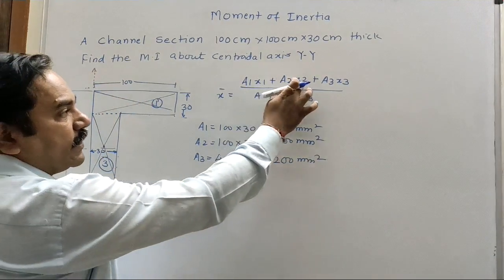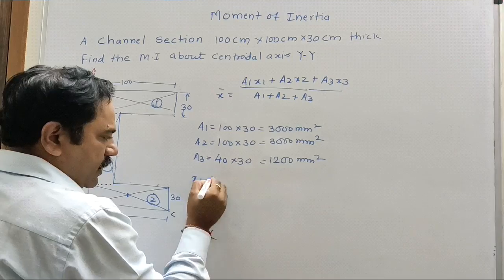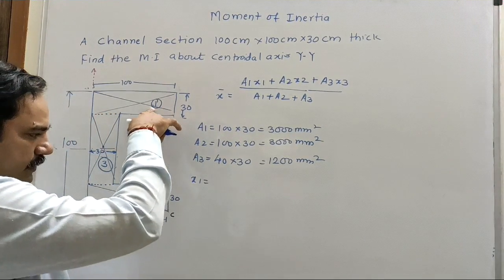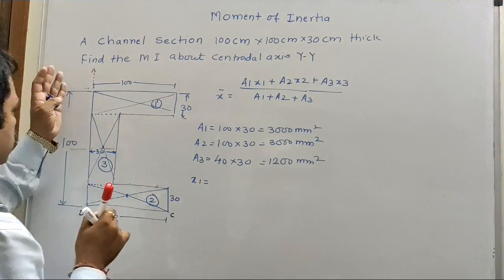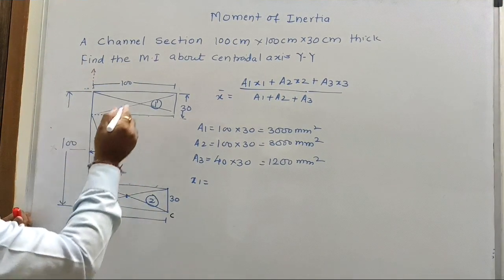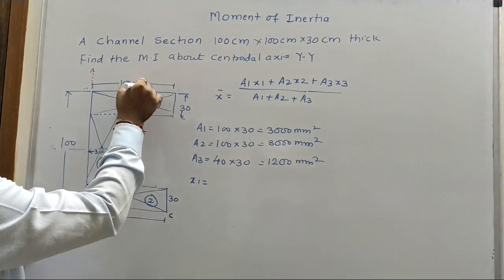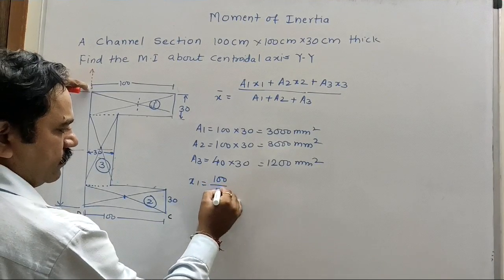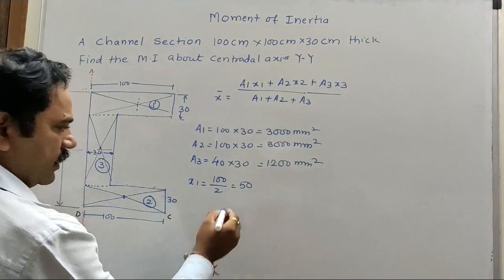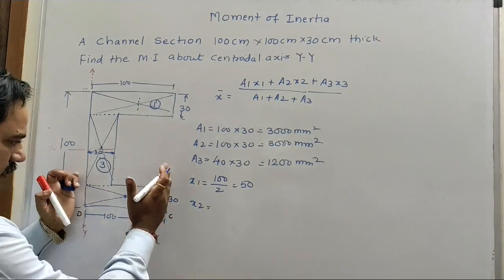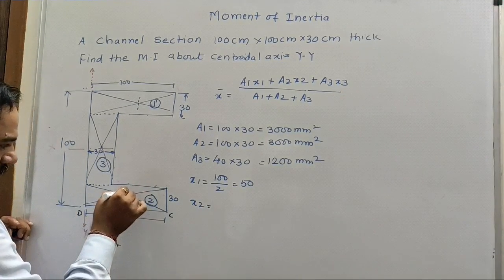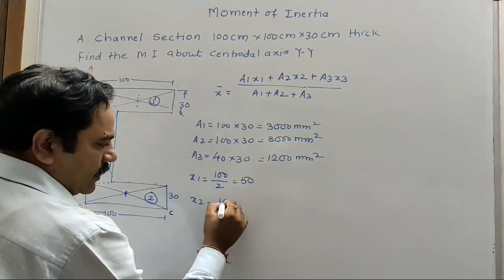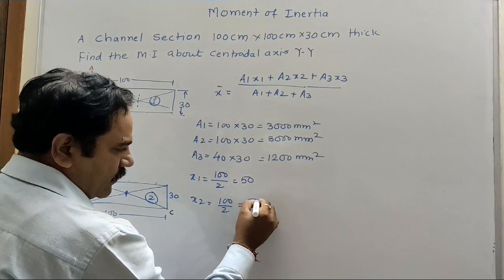Now we have to calculate x1, x2, x3. x1 means the centroidal axis of rectangle 1 from the y-axis. So it is exactly half, that is 100 by 2, that is 50. Similarly x2: this distance is 100 and the centroid is at half of 100, so 100 by 2, that is 50 mm.